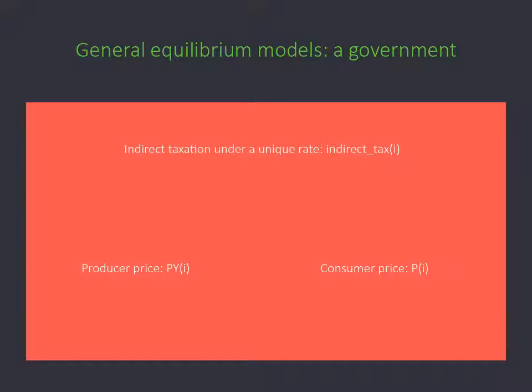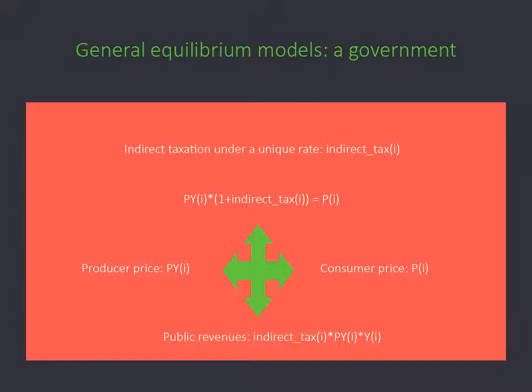And so it means that we have to understand the difference between production price and consumption price, and we have to understand the implication on government's revenue. Of course, in each equation where there is a price, we have to understand if it is a production price or a consumption price.